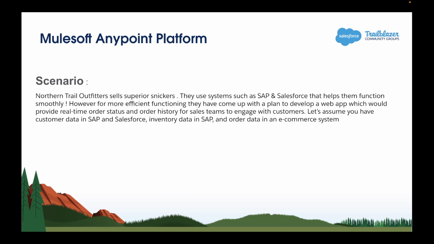So in this scenario, we have the customer data in SAP and another part of customer data in Salesforce. As well, SAP contains the inventory data, and there is another e-commerce system. You can take the example of Magento. They contain order data and all kinds of stuff, right?